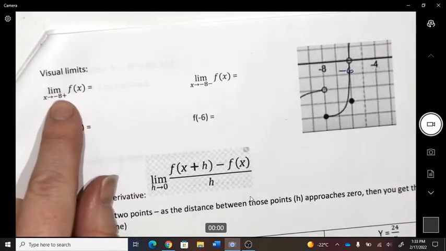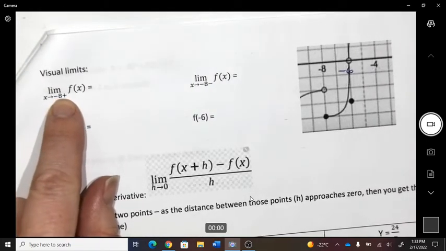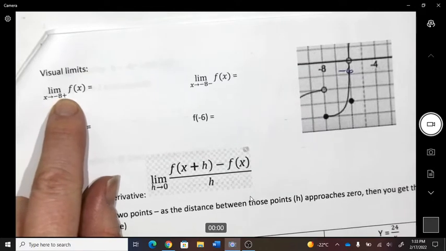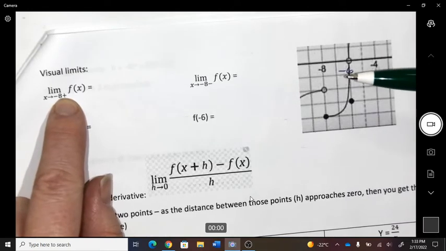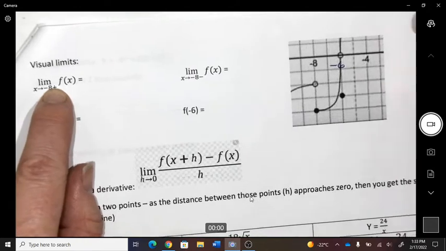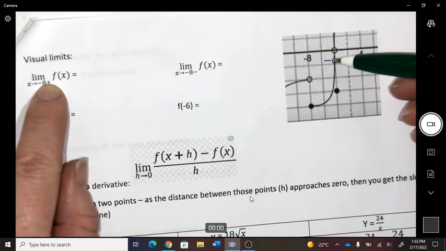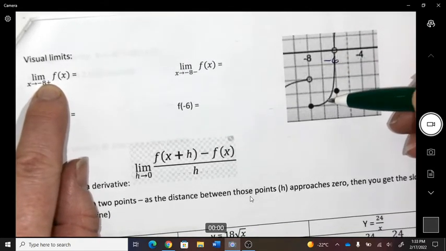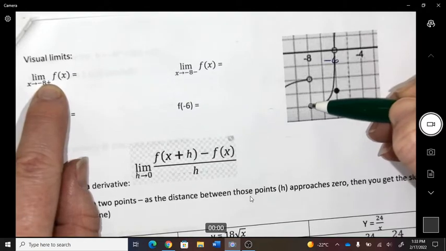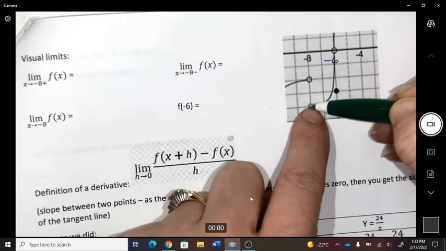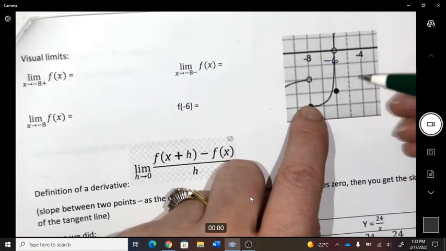So as you get to negative 8 from the right-hand side, that means I'm coming at it from this direction. So I'm going to follow which road map? I'm going to be chugging along this roadway, this roadway, this roadway. So what's the height there? Negative 4.